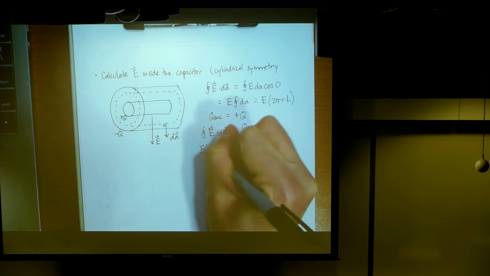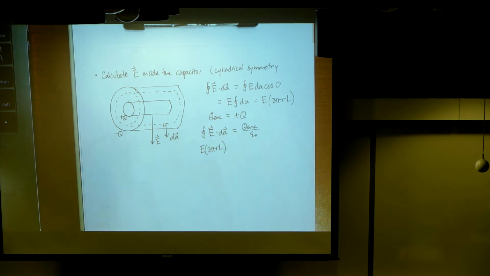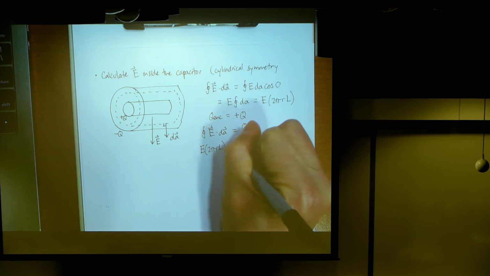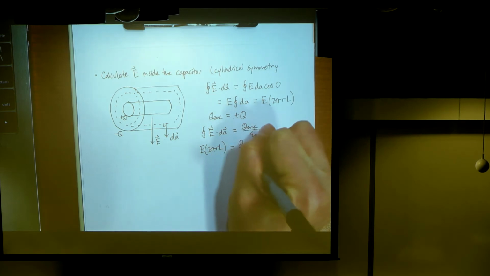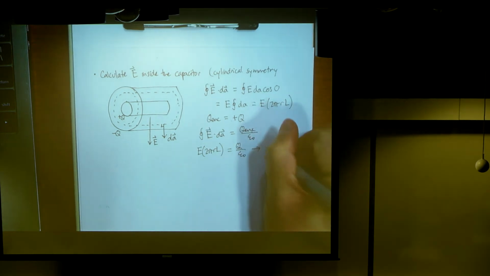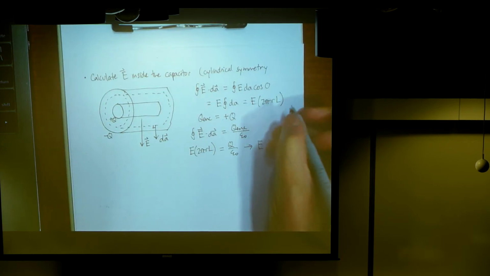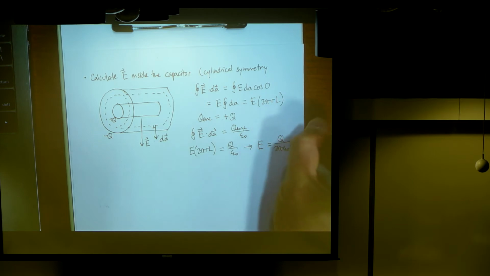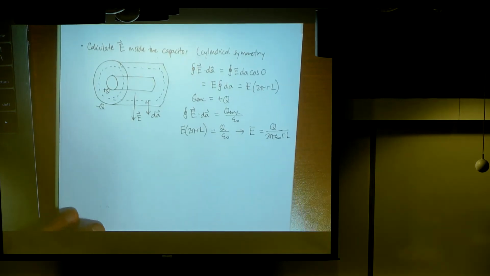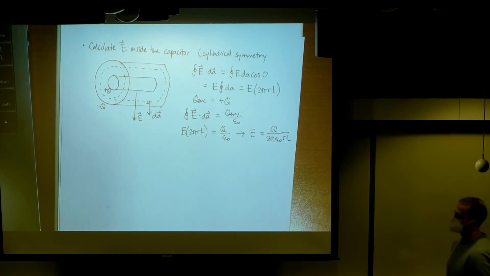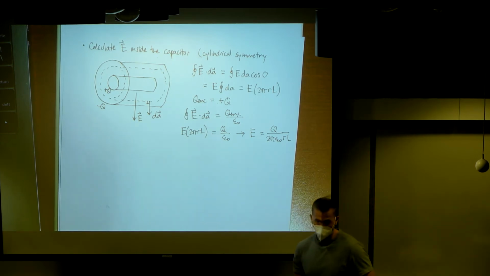It's E times 2 pi RL. For Q enclosed, that's just Q. So here's what we get. E is equal to Q divided by 2 pi epsilon naught R times L. That's the strength of the E field inside of this capacitor, okay?